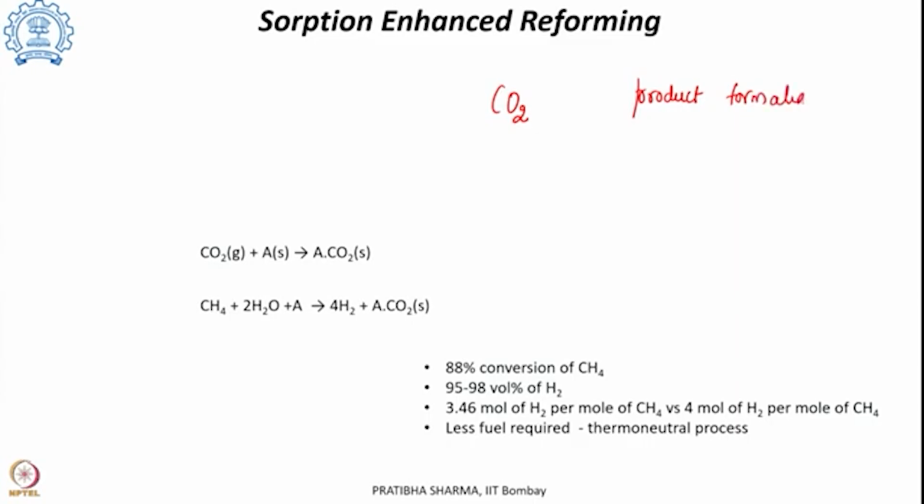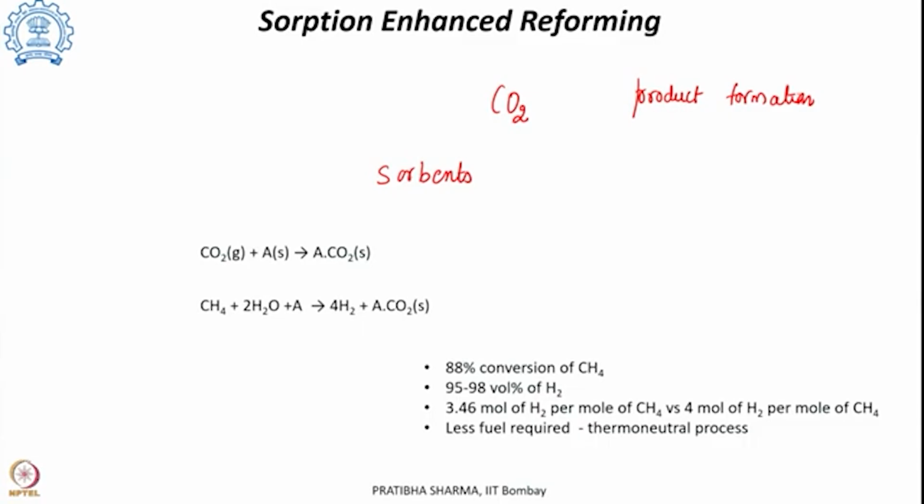So, the direction of the reaction is that it favors the product formation. Now, how is it done? The carbon dioxide which is being formed in the reaction is taken up by certain sorbents which can either chemically combine or adsorb the formed carbon dioxide and remove it in the process.